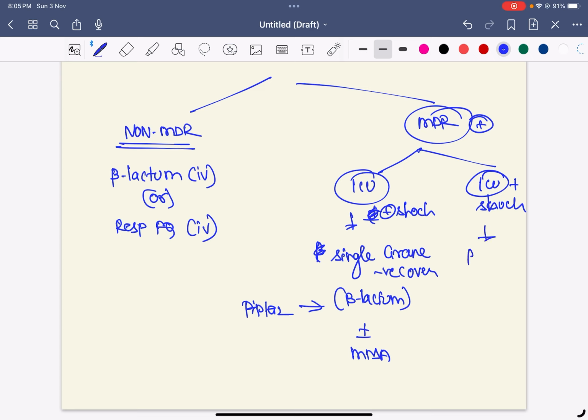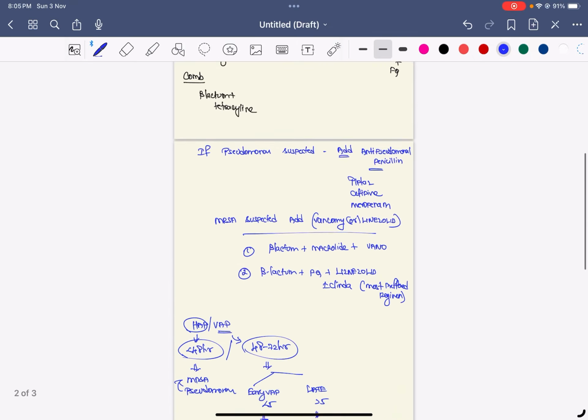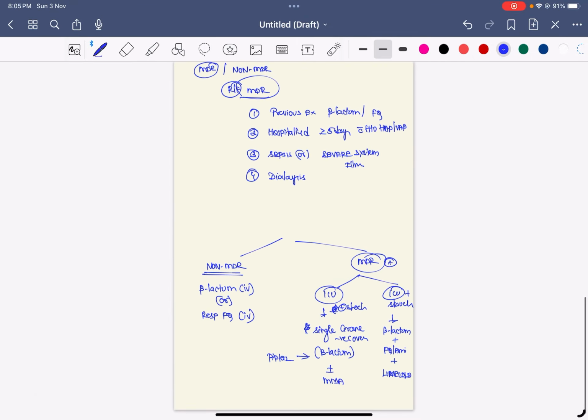If the patient is an ICU candidate with shock, then beta-lactam plus fluoroquinolone or aminoglycoside plus linezolid should be added. So this is treatment of pneumonia in a shorter span. Thank you.